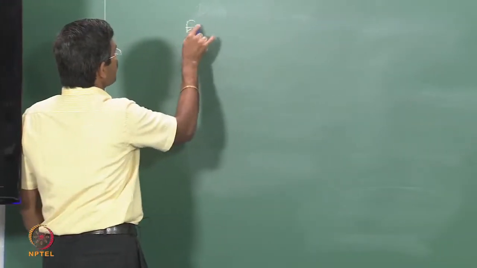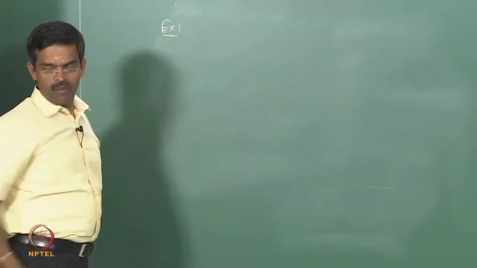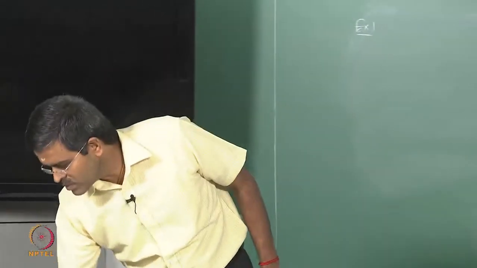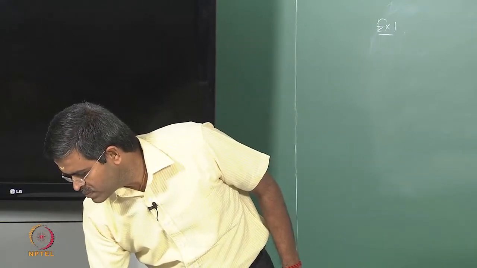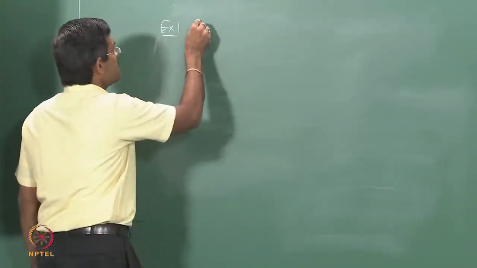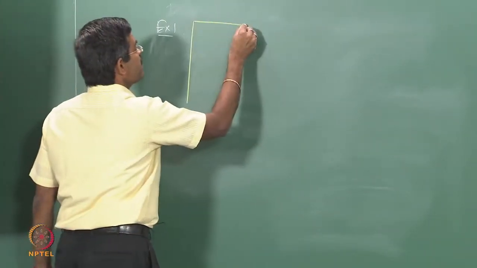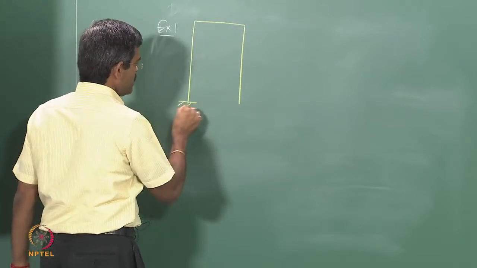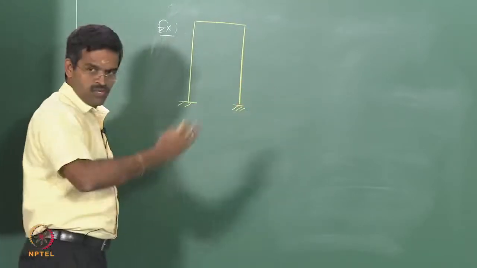We will take example 1 now, a classical eigensolver problem. We have already drawn this and derived these equations yesterday in the last lecture. I will borrow the same equations and proceed further.